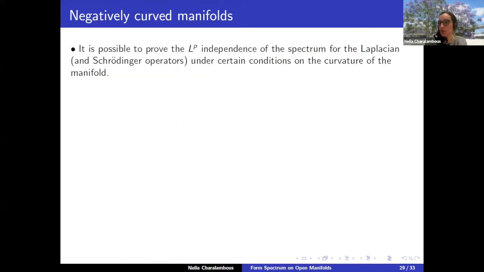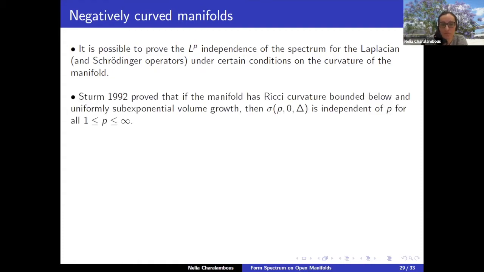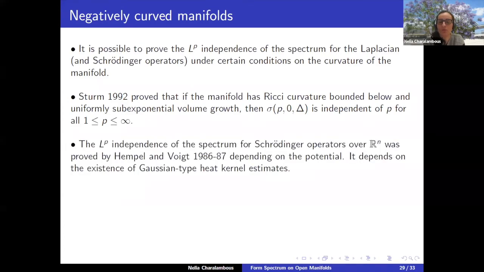It's also possible to prove, under fairly general assumptions, that the spectrum of the Laplacian is independent of p. We have such results both for the Laplacian and for Schrödinger operators under conditions on the curvature of the manifold. For example, as I said, Sturm showed that we have L^p independence if Ricci curvature is bounded below and we have uniformly sub-exponential volume growth.